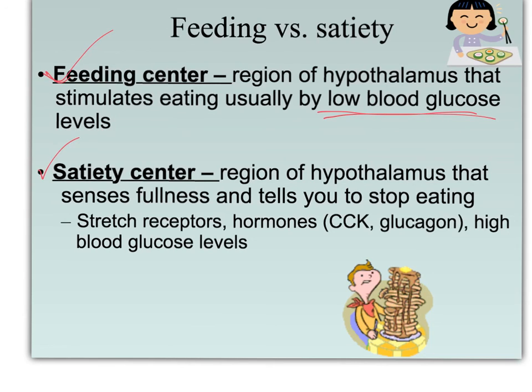And then the satiety center tells you, whoa, slow your roll, you've eaten too much. But there is a bit of a gap between actually being full and your brain knowing that you're full. Some estimates say anywhere between 8 to 20 minutes. 8's probably about the average, though.